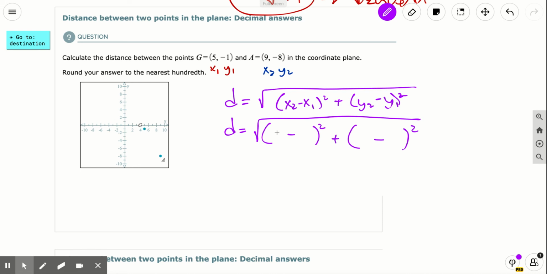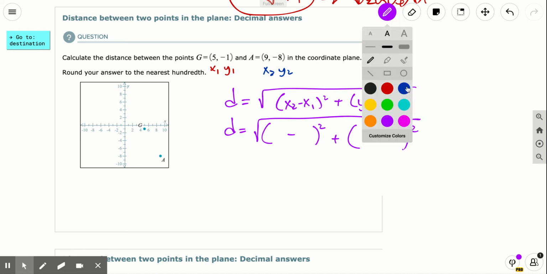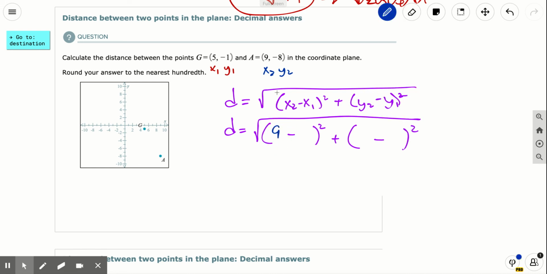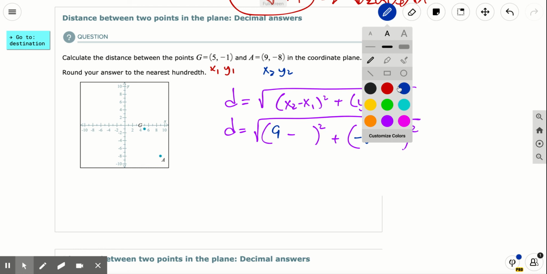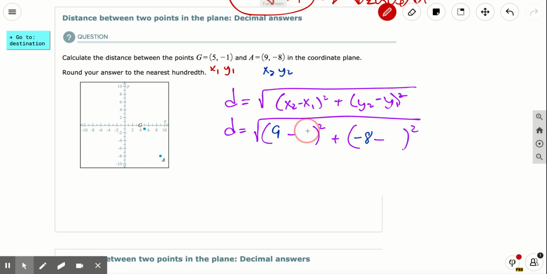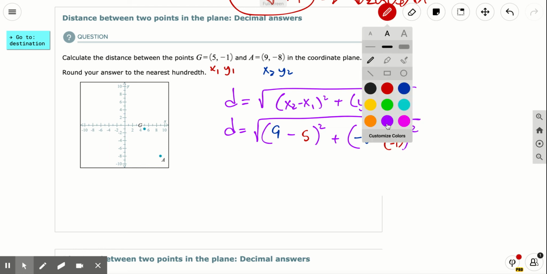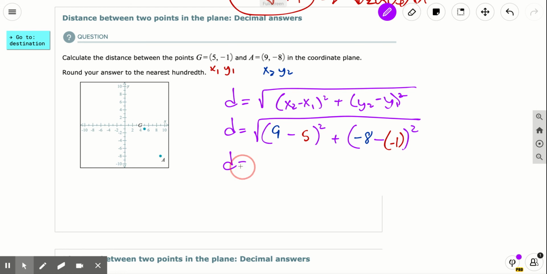X2 is 9. Y2 is negative 8. I'm just going to put it in now since I have the same color. And then 5 and negative 1. Put it in parentheses. Okay, so now my distance is d is equal to the square root of 9 minus 5 is 4 squared plus, I don't need to put in parentheses because it's positive.